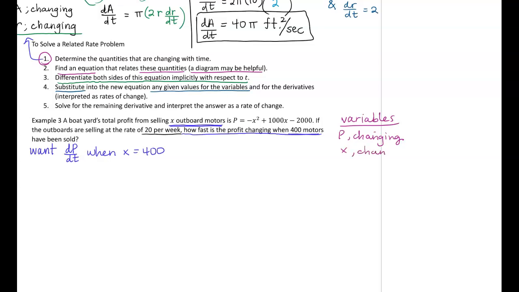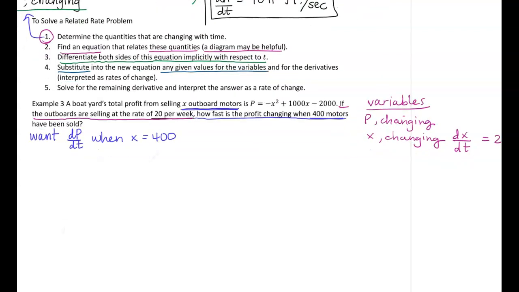That is also changing. More specifically, we know exactly how fast that is changing. They tell us that the outboards are selling at a rate of 20 per week. So the rate that they're selling at is equal to 20 per week. So we know dx/dt is 20. They want us to find how fast is the profit changing when x is equal to 400.